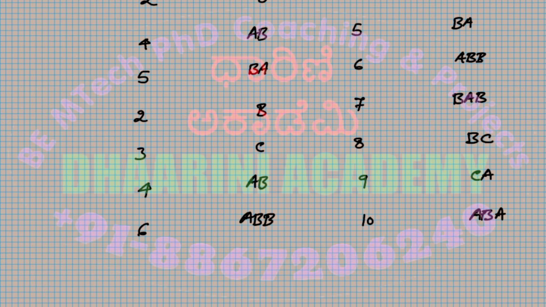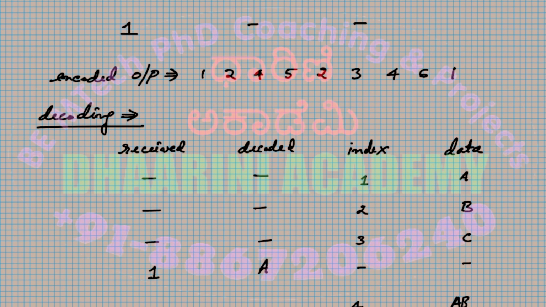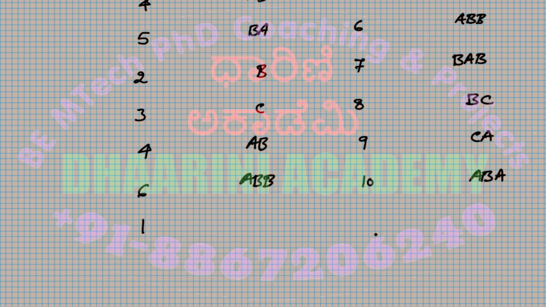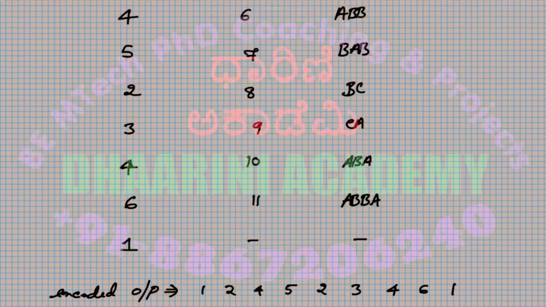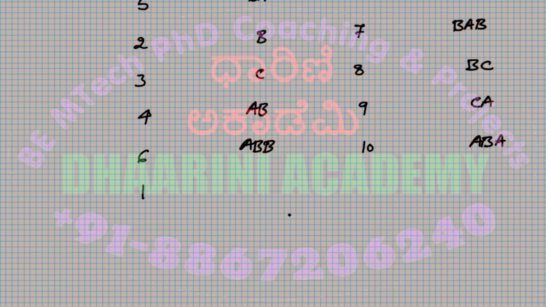All right. Then the last one, which is 1. So go back to 1. 1 means it is A. Since there is no data after this, I can fill this, but it is optional.